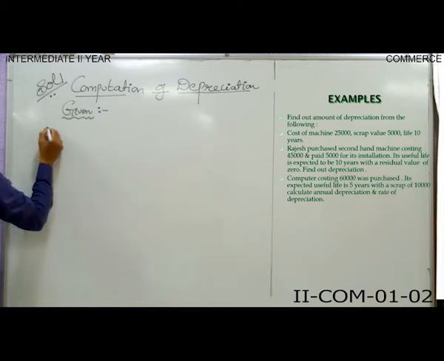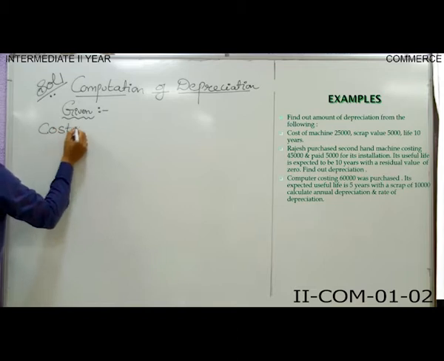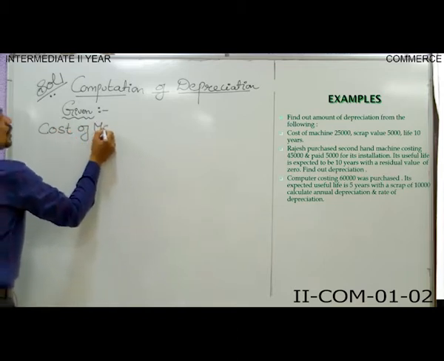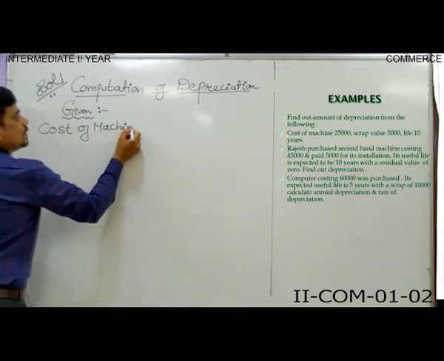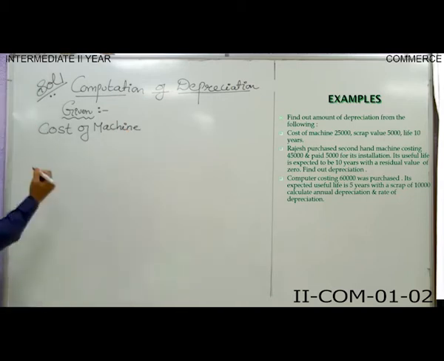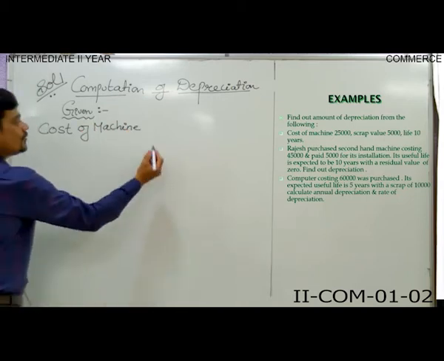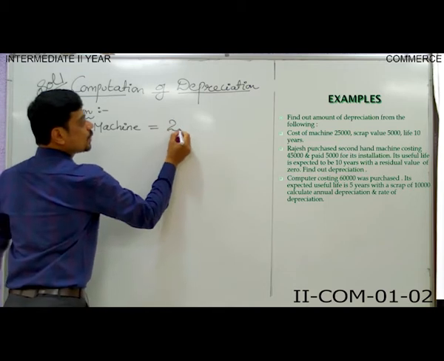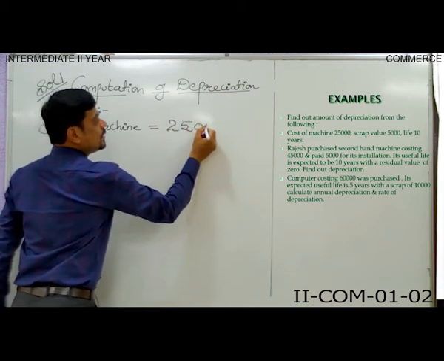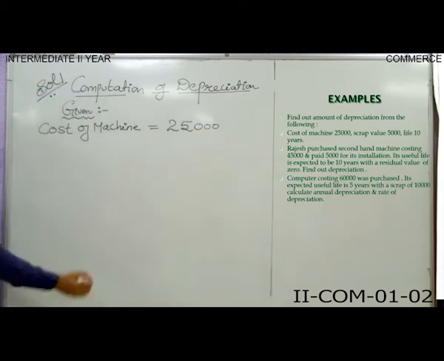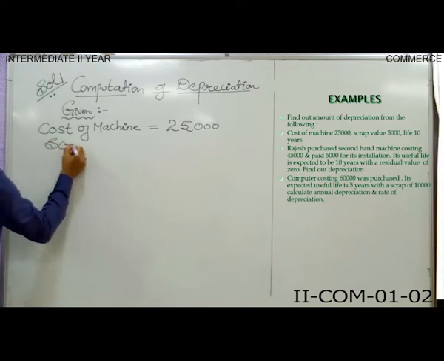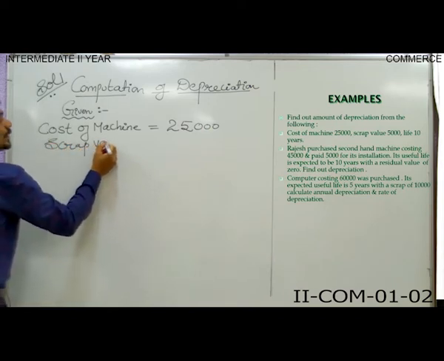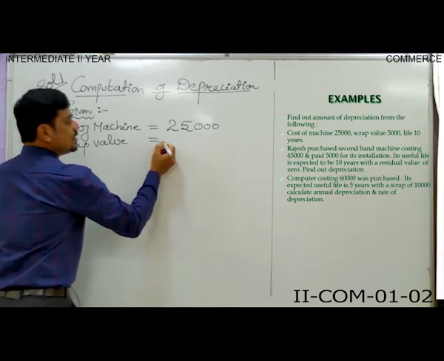So given. What is given? First we want cost of machine. Among the three factors, the first is cost of asset, which is cost of machine. How much is the cost of machine? 25,000. Second factor is scrap value, which is also called residual value.